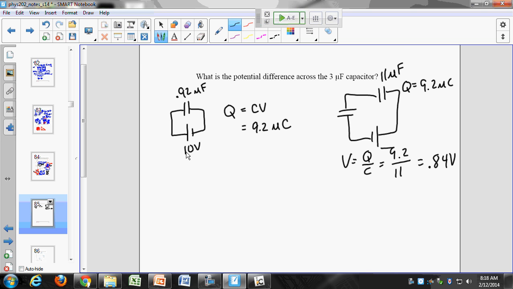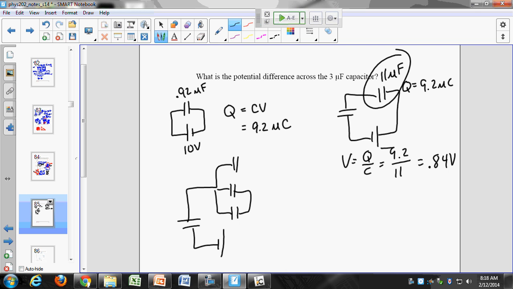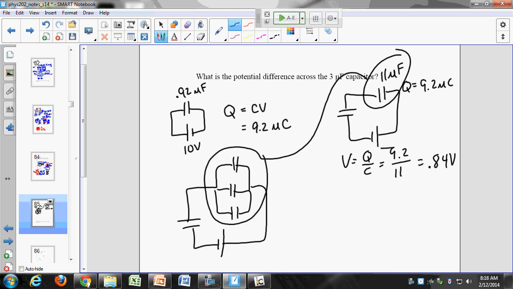All right, now, but remember, this capacitor was the equivalent of 3 capacitors in parallel. So if I redraw this again, this capacitor was the equivalent of these 3.